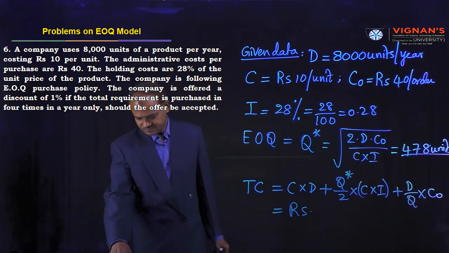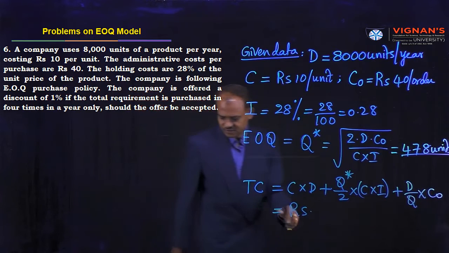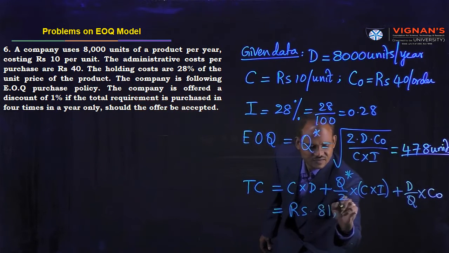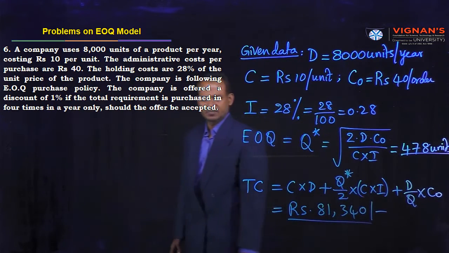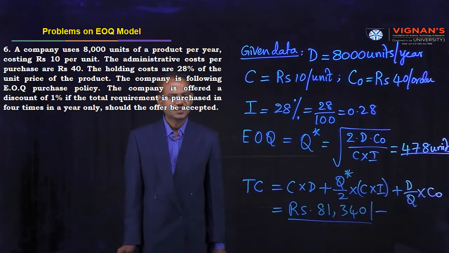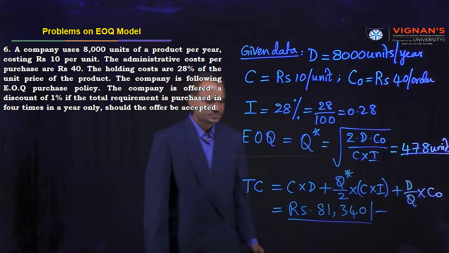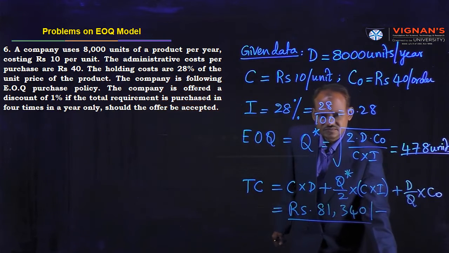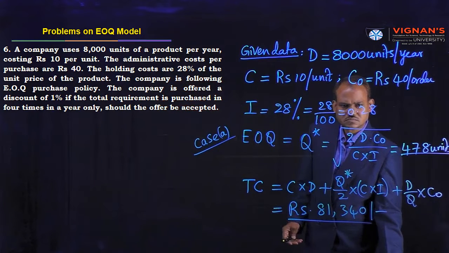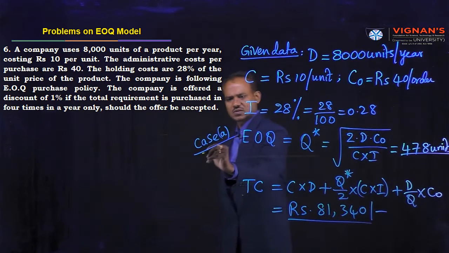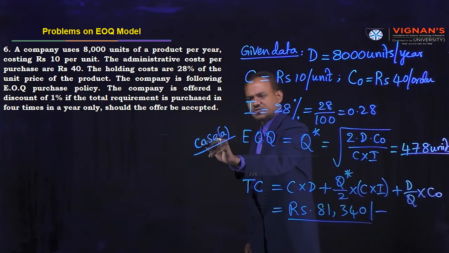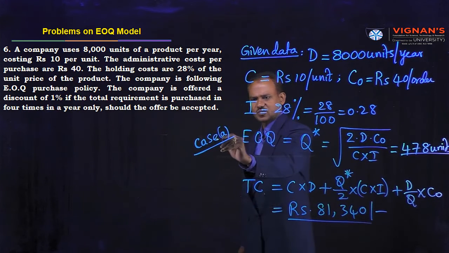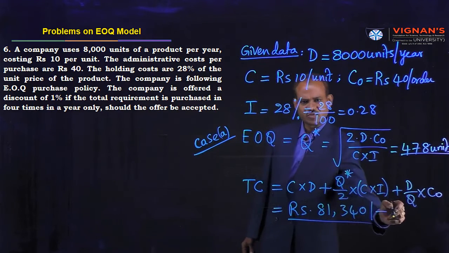It becomes 81,340. This is the total cost involved when EOQ is followed. So case A is related to when EOQ is followed.